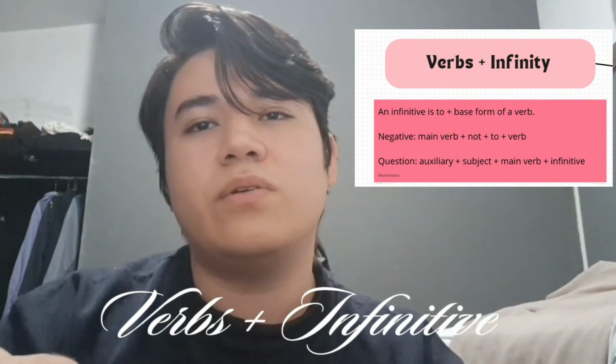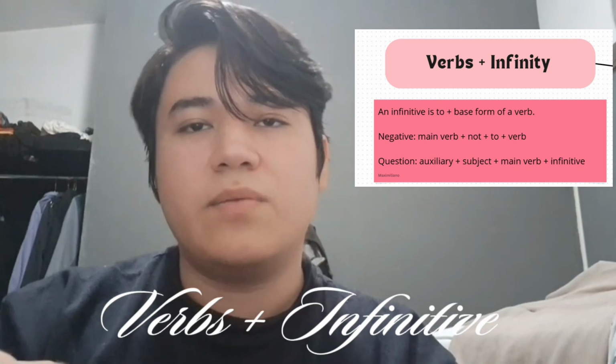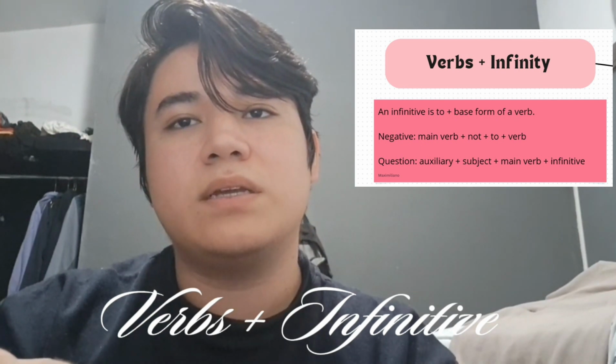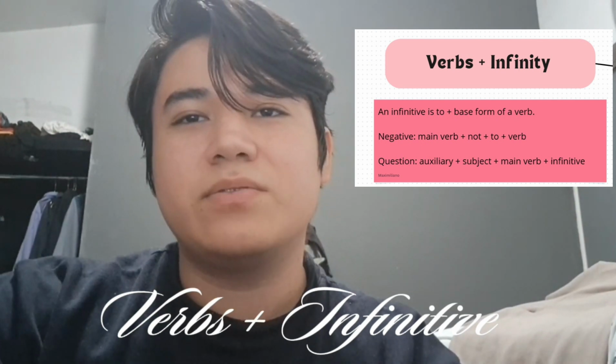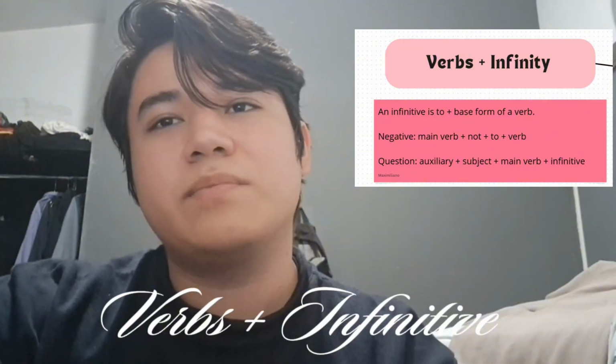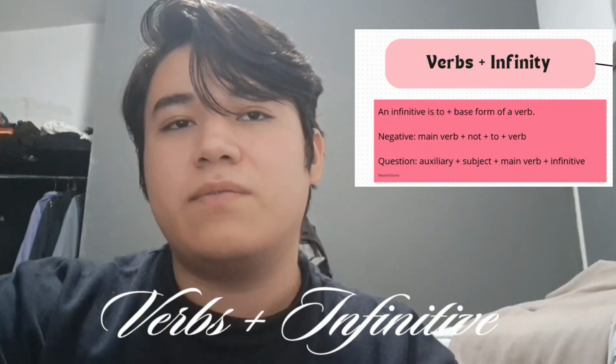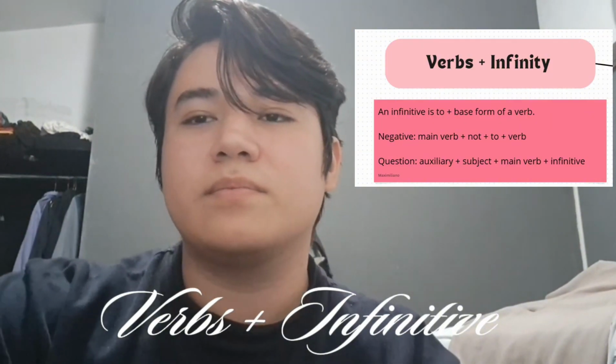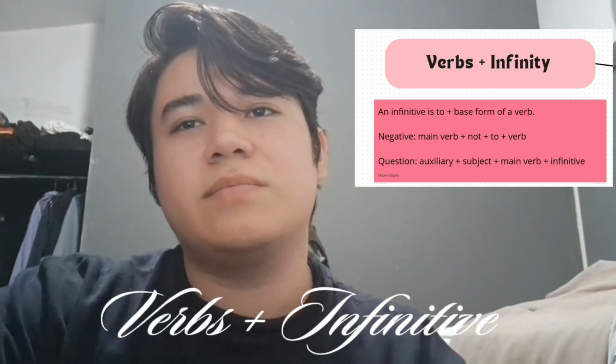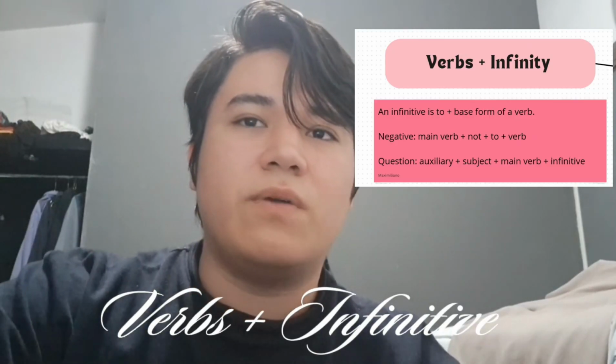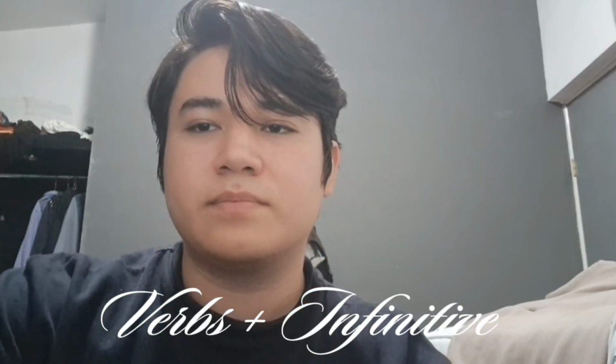For example, do you plan to take your sister with you? Importantly, the infinitive almost always uses to, but some verbs do not use to: make, let, help, hear, feel, see, and watch. For example, she made me cry. In a negative sentence, not goes between the main verb and the infinitive. In a question, start with the auxiliary verb.